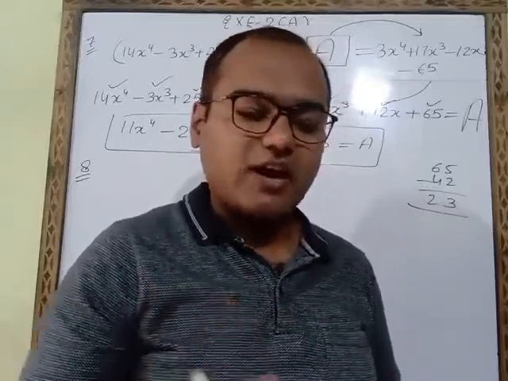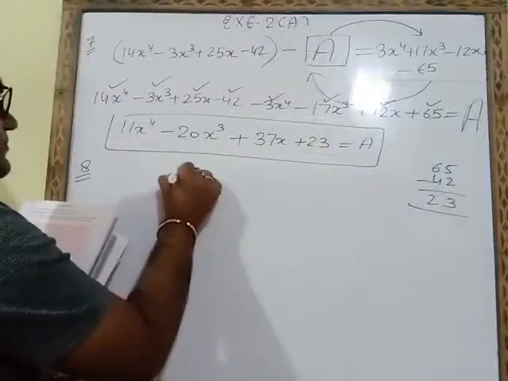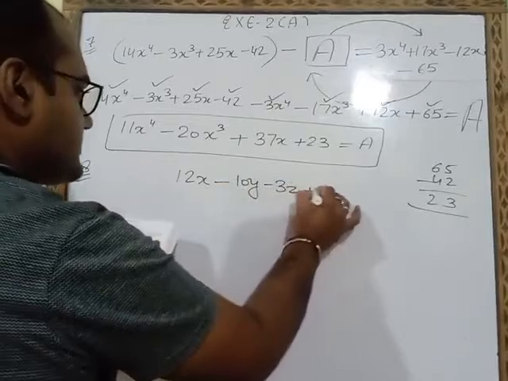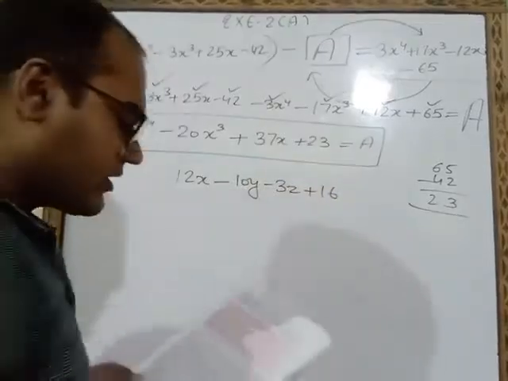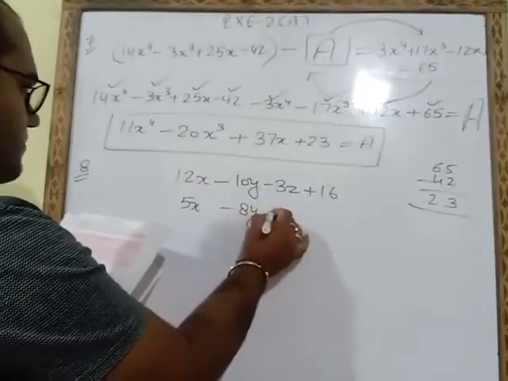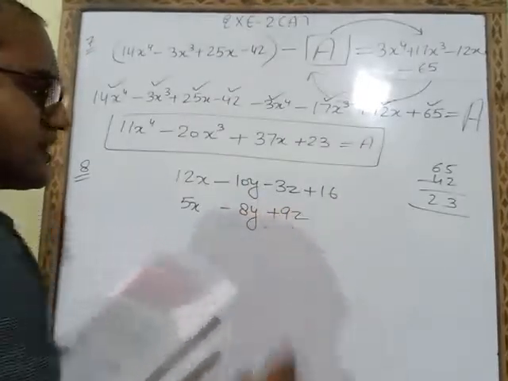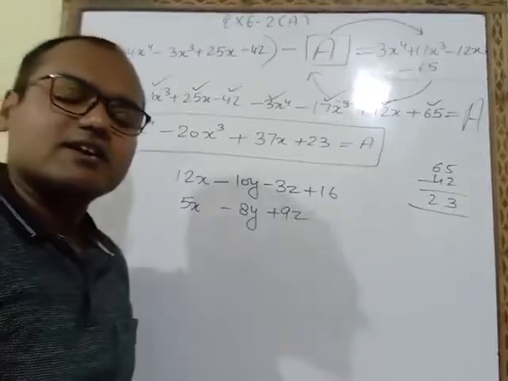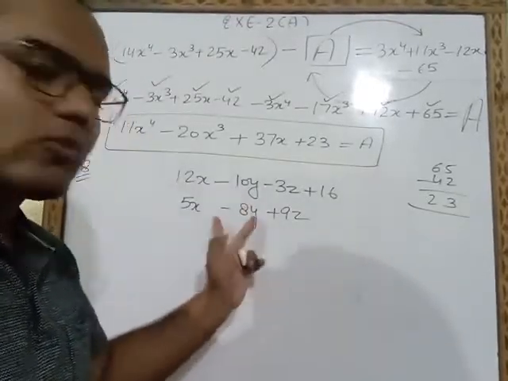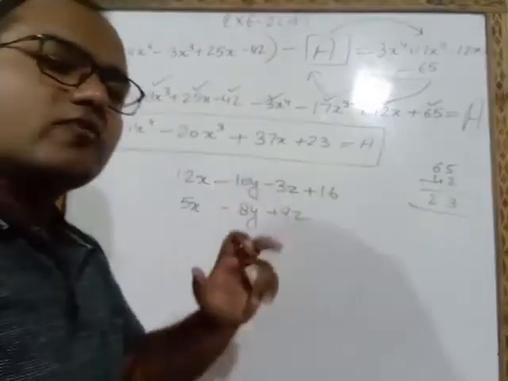The greater number is 12x minus 10y minus 3z plus 16. This is the greater number, and 5x minus 8y plus 9z is the smaller number. He is saying in the question this number is smaller, but you have to find how much smaller it is than this number.